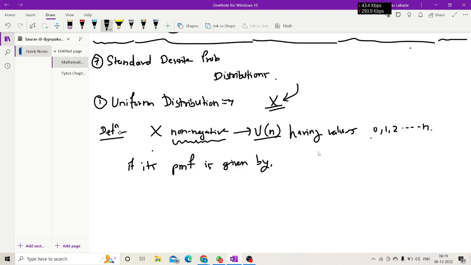If its PMF is given by, we have already discussed the difference between PMF and PDF, right? Can anyone tell me the difference between PMF and PDF?